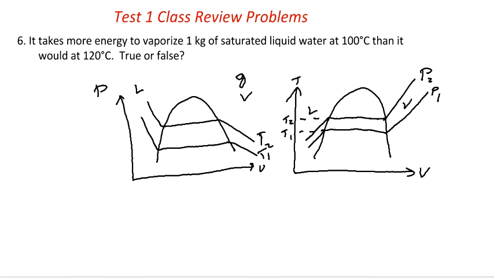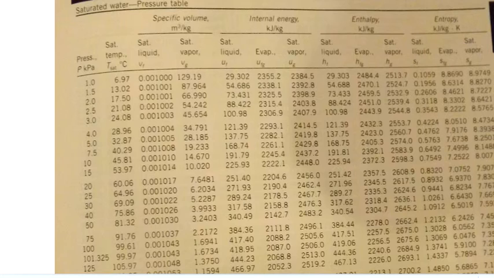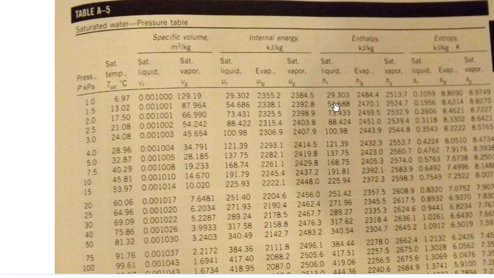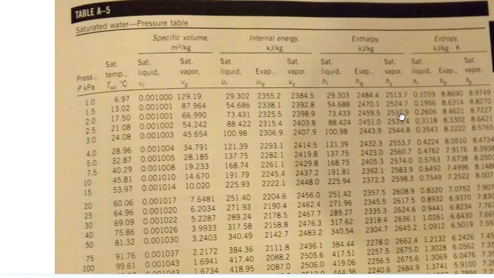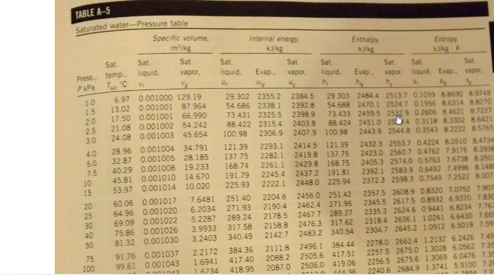Because everything that happens in this chart is happening between the two walls of that steam dome. This is the enthalpy at the lower limit. This is the enthalpy at the upper limit.